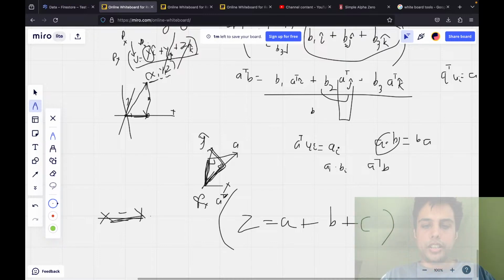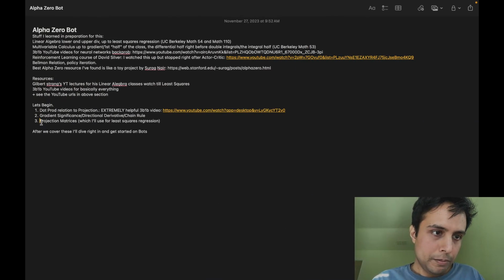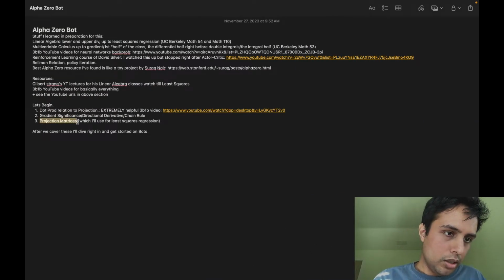A neat trick is that if you have a hat plus b hat plus c hat, and everything is mutually orthogonal to each other, then it's quite possible that we can zero things out. We will definitely see this technique being used in projection matrices. So yeah.